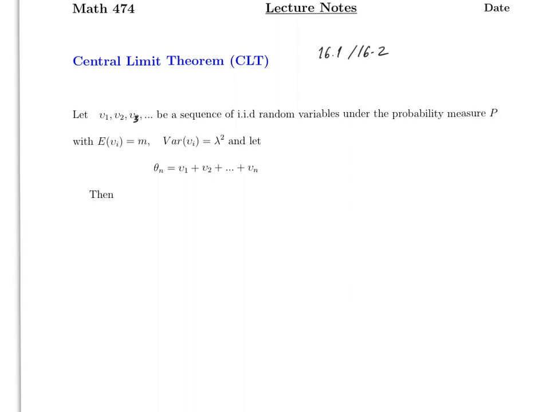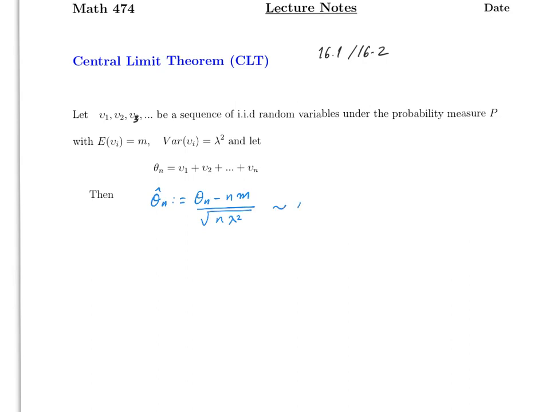So the central limit theorem says the following. If you have a sequence of IID random variables, where IID means independent and identically distributed, all of them having the same mean m and variance lambda squared, then define theta n to be epsilon 1 plus epsilon 2 and so forth all the way to epsilon n, and define theta hat of n to be theta n minus n m divided by the square root of n times lambda squared.